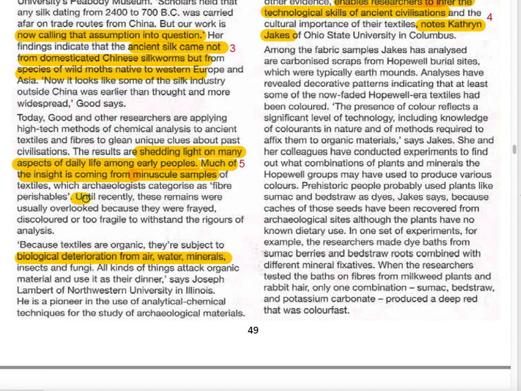Okay, you see here, until recently, these remains were overlooked. Overlooked means not considered. To overlook something means to ignore it. Maybe right now we are overlooking past information about viruses, maybe.